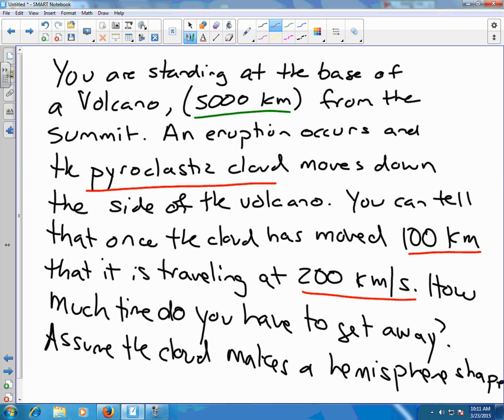So instead of a sphere, like a basketball, it's a hemisphere. It starts at one point and then spreads out in all directions. The volume of a sphere is 4/3 pi r cubed. The volume of a hemisphere is half of that, so 2/3 pi r cubed.